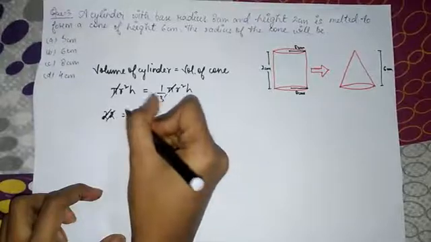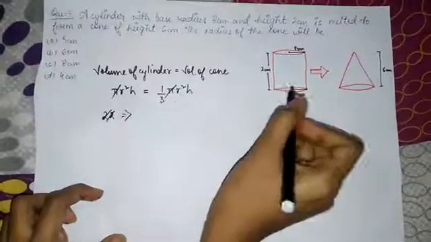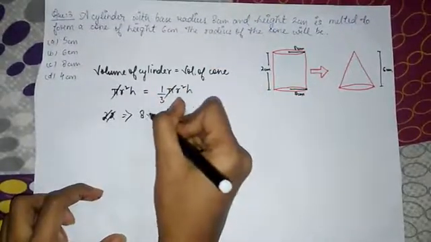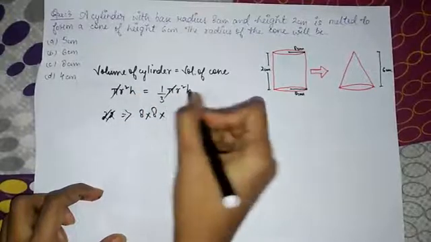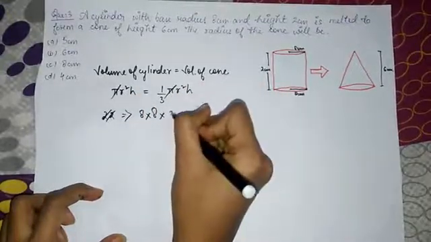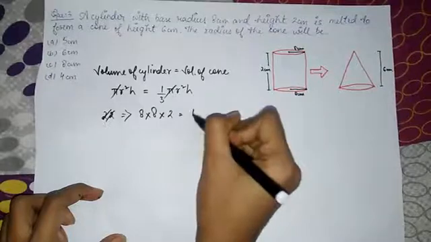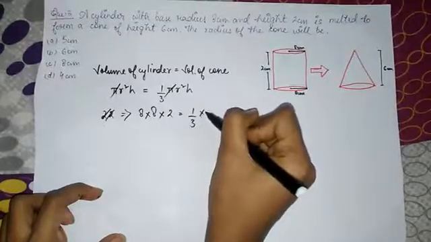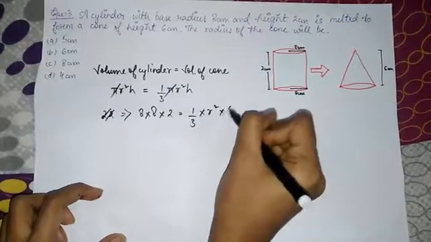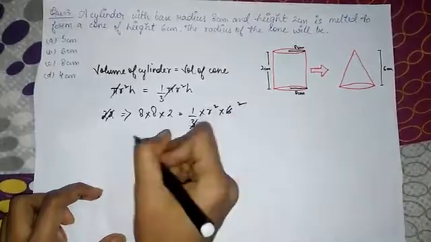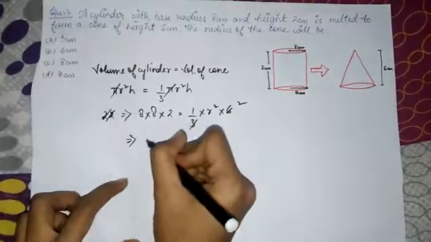Radius is 8, so 8 square, into height 2, and this side we have to find the radius, and height is 6, so we cancel it here.